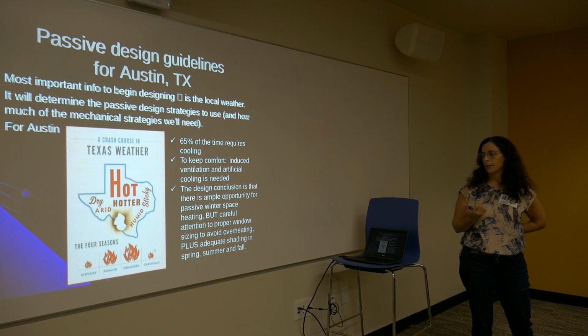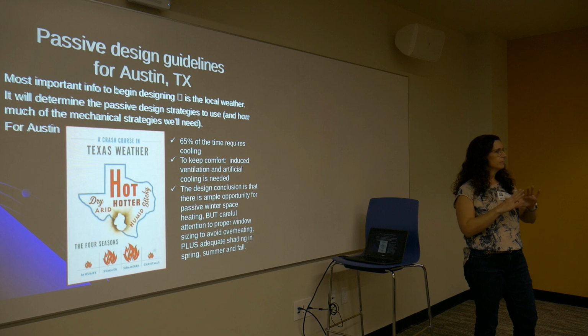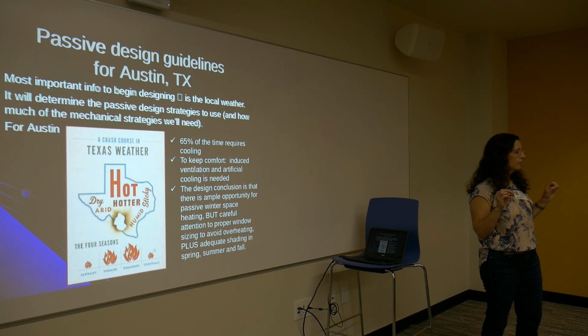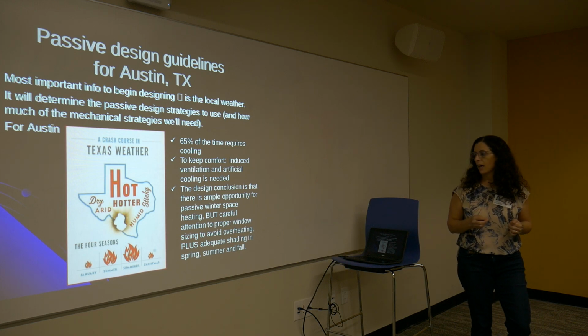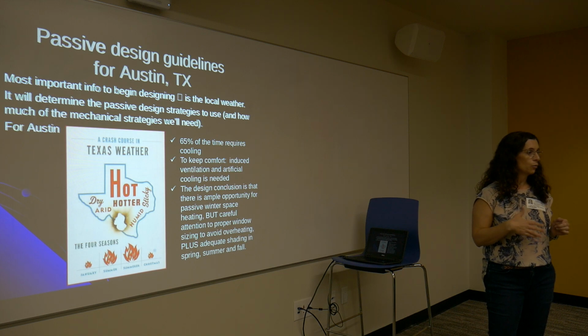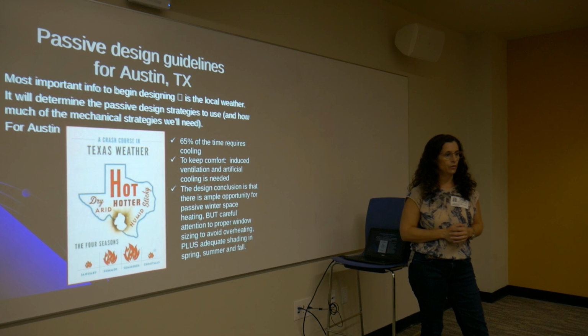So we need to size the windows properly. The surface of glazing needs to be very, very well calculated, and we need to also shade those windows during summer, spring, and part of the fall. Okay.